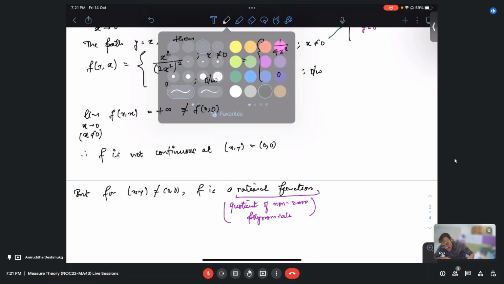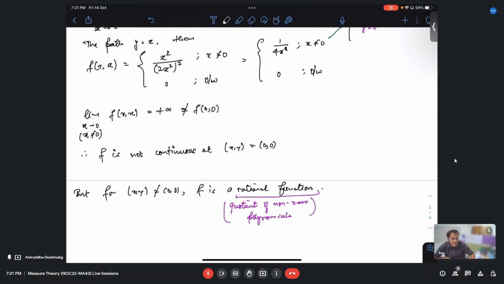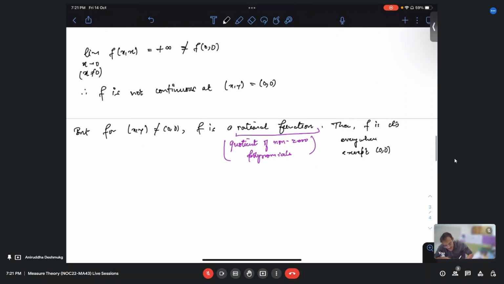So rational functions are already continuous. In fact, they are smooth whenever the denominator is non-zero. Then f is continuous everywhere except at 0, 0. Or in the terms of measure theory, f is continuous almost everywhere.